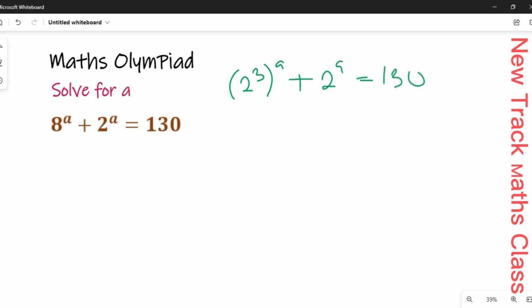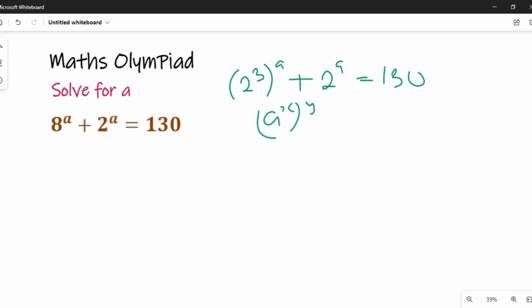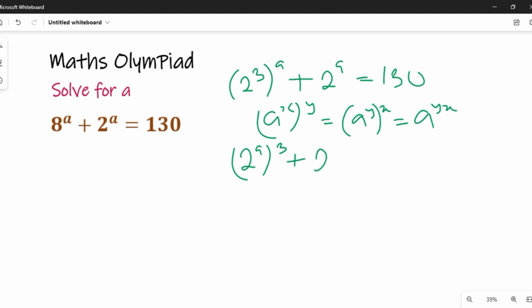Now recall that in indices, (a^x)^y can still be equal to (a^y)^x, and it can still be equal to a^(yx). So if we apply that over there, we're going to have (2^a)^3 plus 2^a equal to 130.